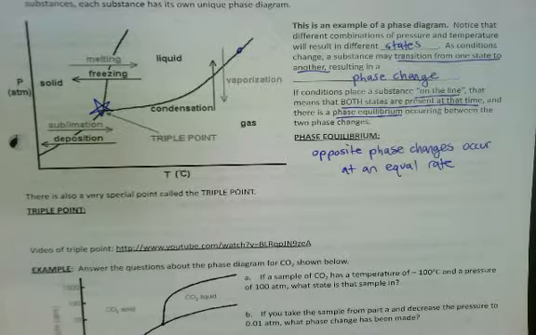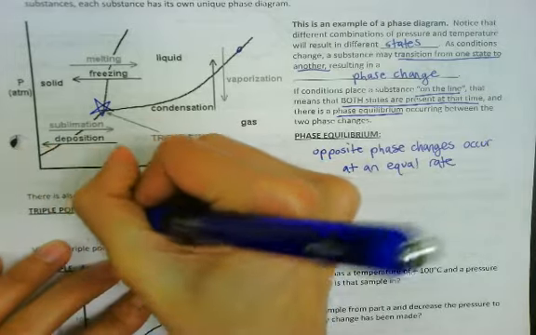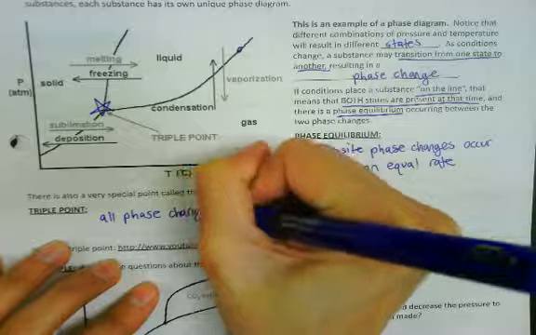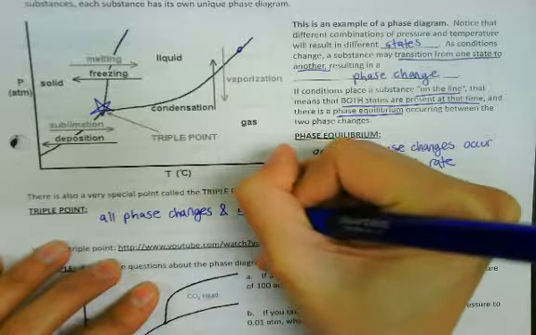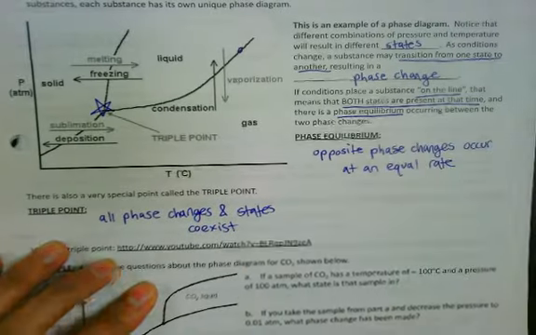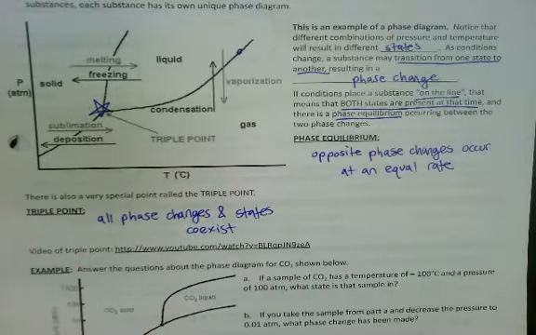Our triple point is special because at this point, all phase changes and states coexist. So you can have something that's vaporizing and freezing at the same exact time.